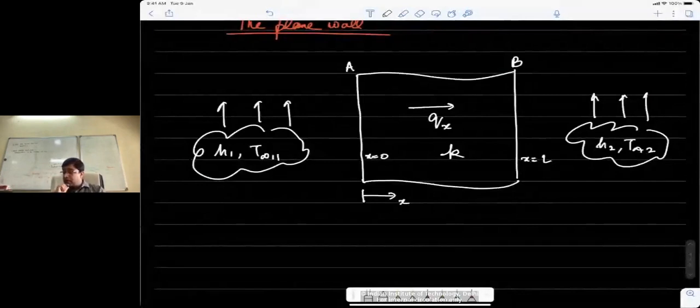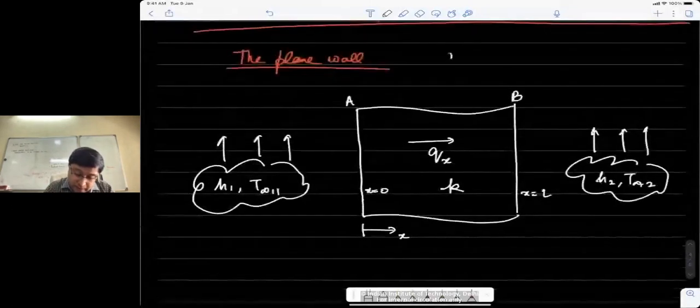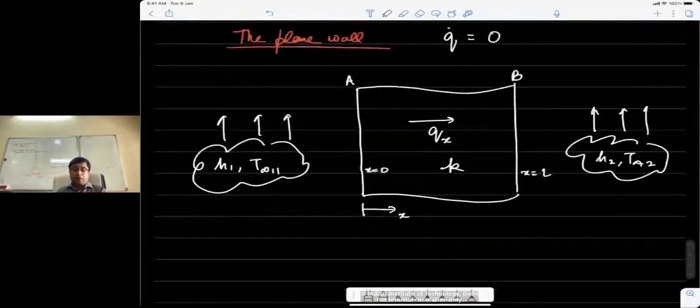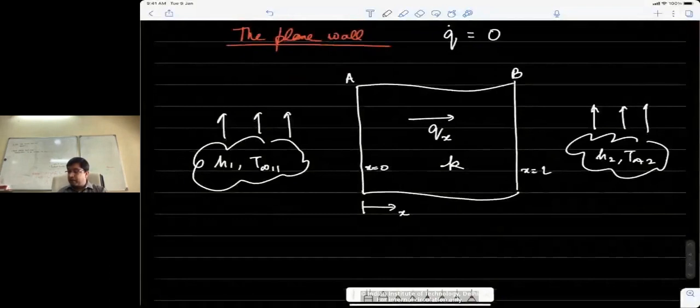That is what we want to calculate. And for this analysis, I'm assuming that there is no heat generation, so q dot is 0. We're not concerned about heat generation yet.